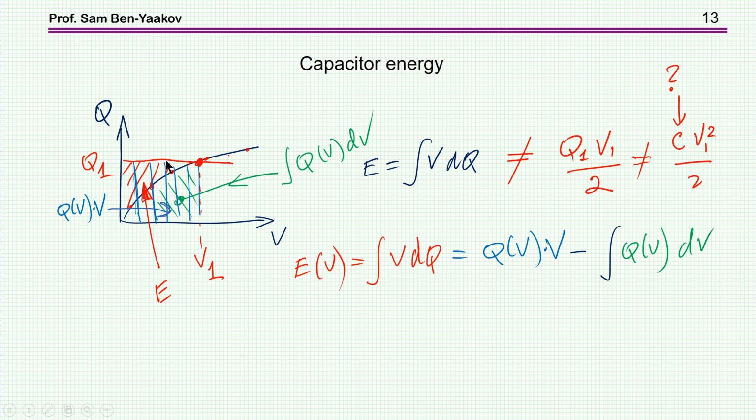So the difference between the rectangular area and this area will give us this energy. We can do it in a similar way to what I've shown before. In fact, I'm going to show it in a somewhat different way.